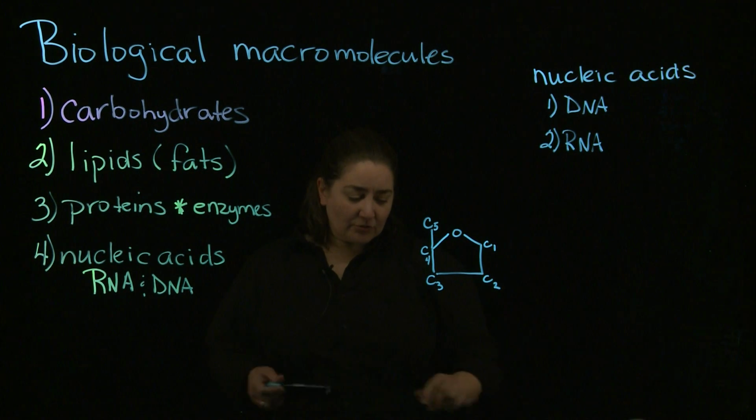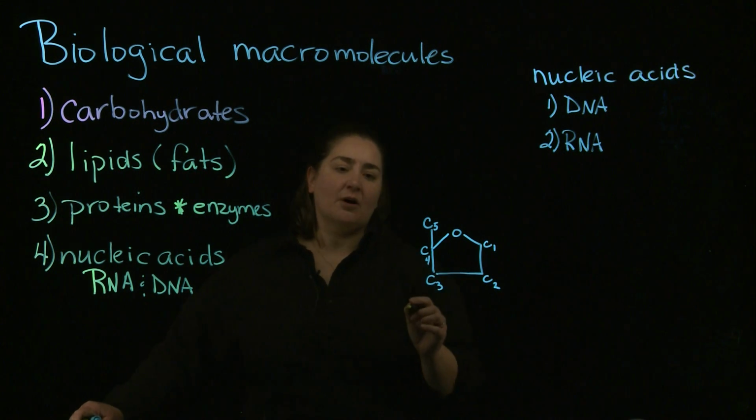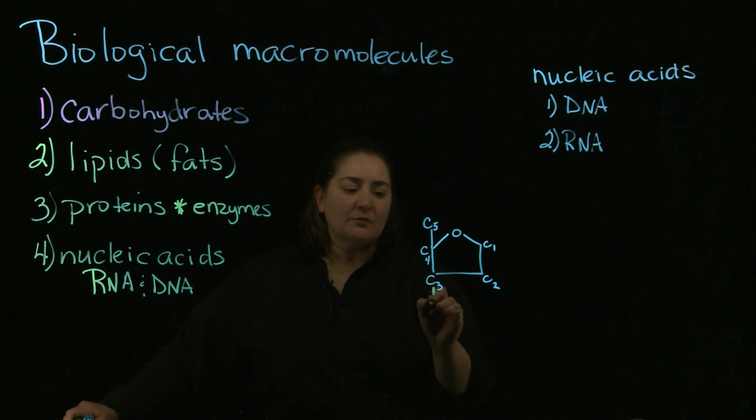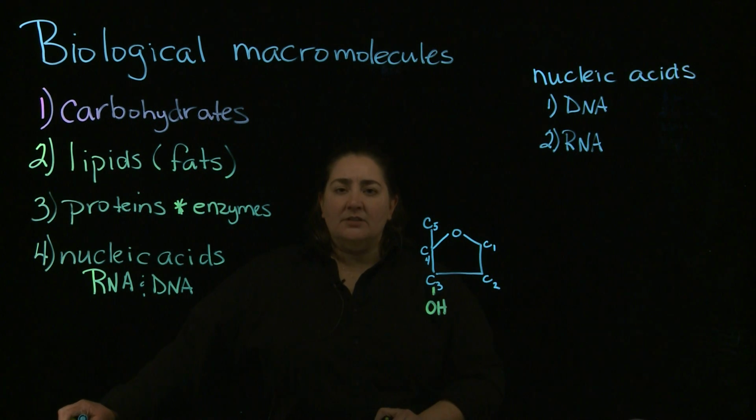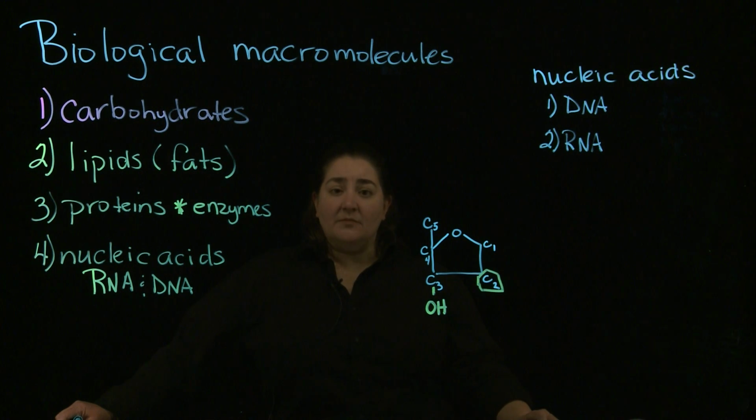You will have functional groups that come off of the sugar, and those functional groups are going to tell you whether this molecule is RNA or DNA. The carbon that's important for that is the second carbon.